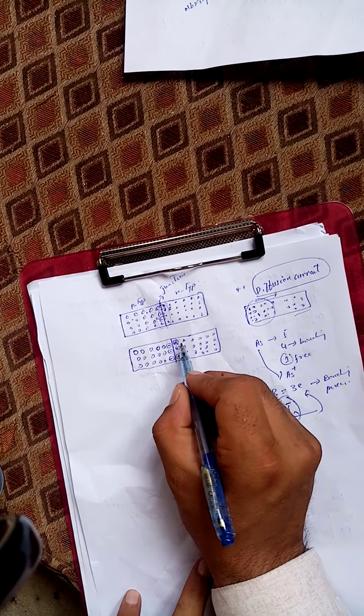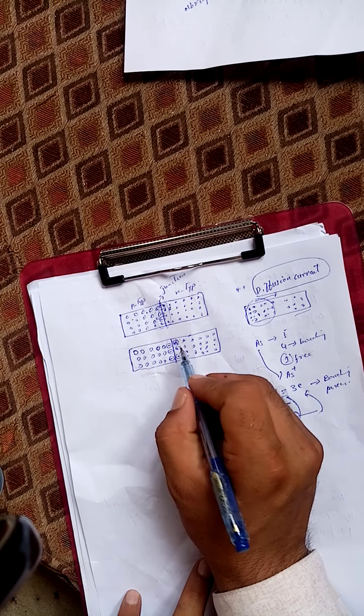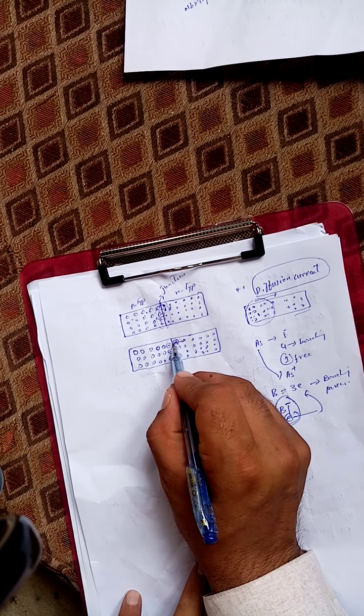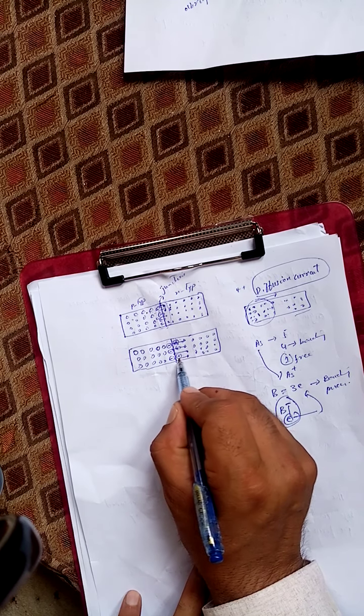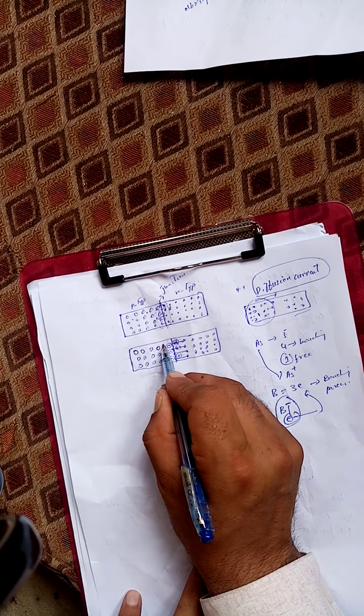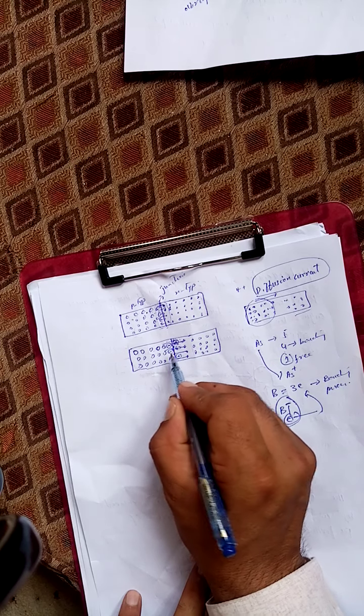Now again, we still have a concentration gradient, so it means that these electrons also diffuse across the junction, and these holes also diffuse across the junction.